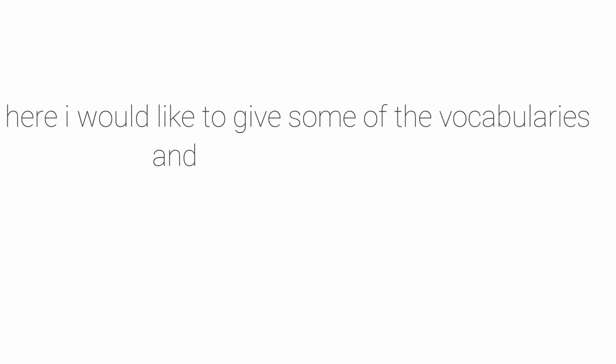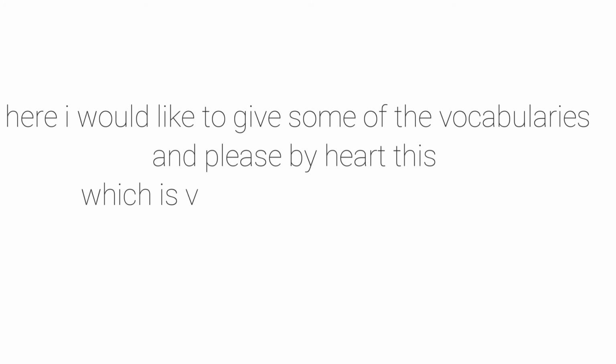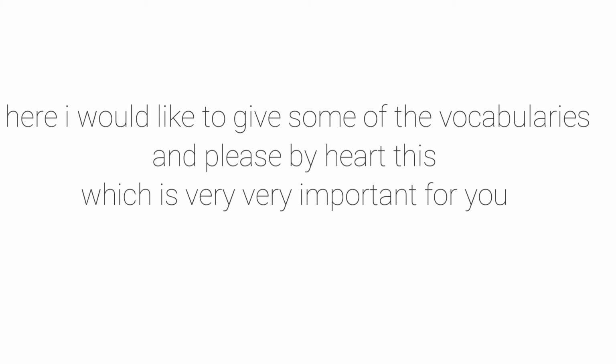Here I would like to give some of the vocabulary, and please learn this by heart, which is very important for you. This is two gamma sounds N. So angelos, ending with os, angelos, messenger or angel. Agros, field. Adelphos, brother.